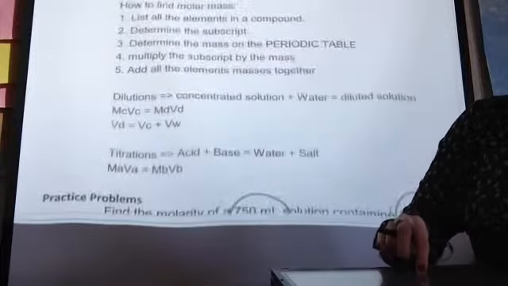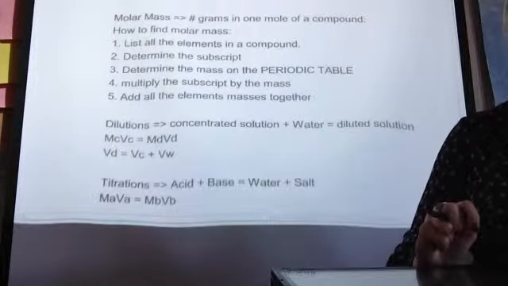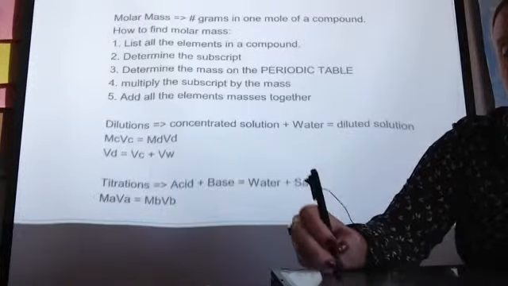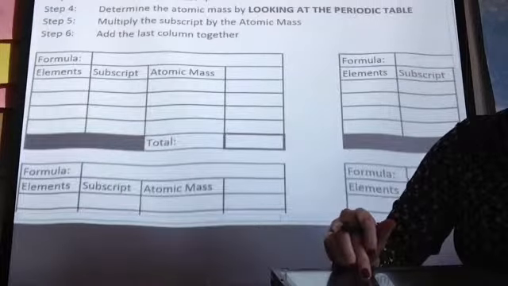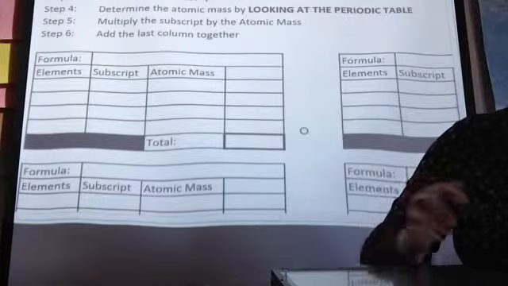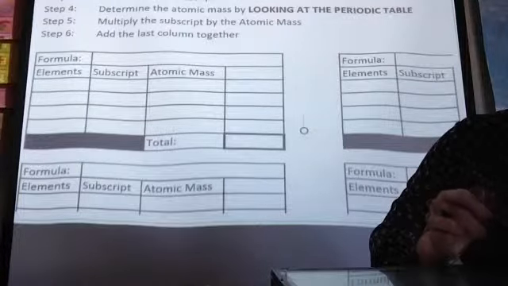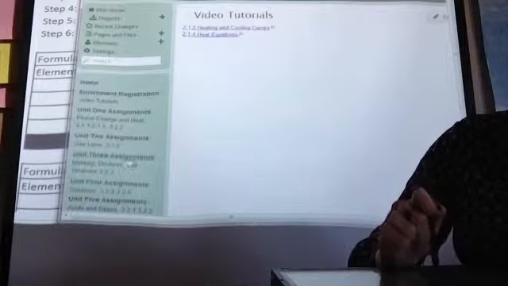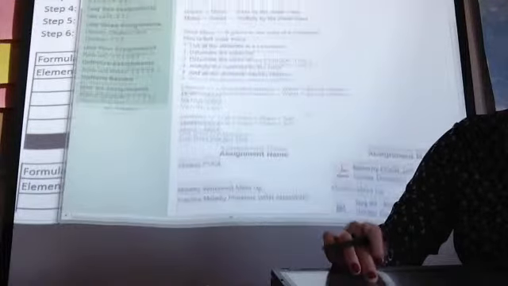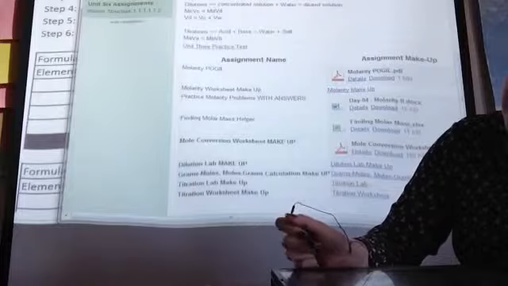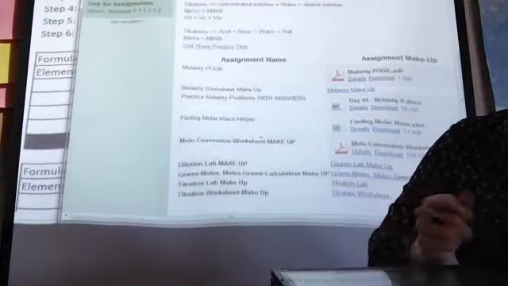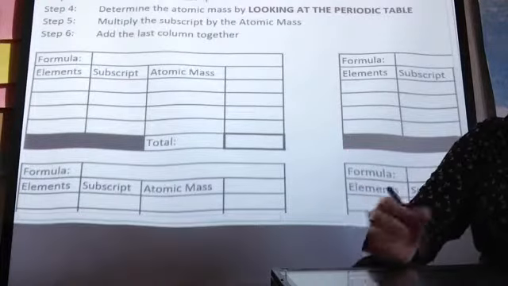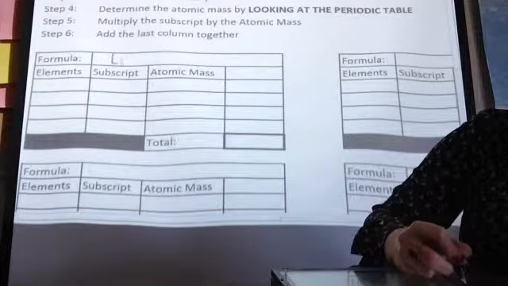The steps are listed on this review sheet, and I also gave you this chart to help you. This chart is attached to the Unit 3 assignments page, and it says Finding Molar Mass Helper. It's the Excel spreadsheet. So I have to find the molar mass of LiBr.